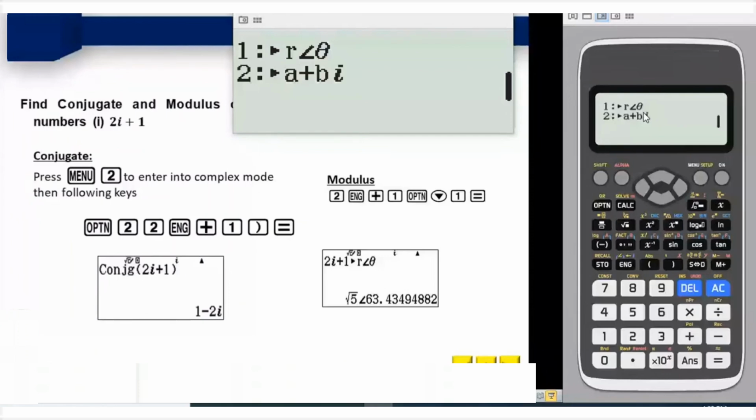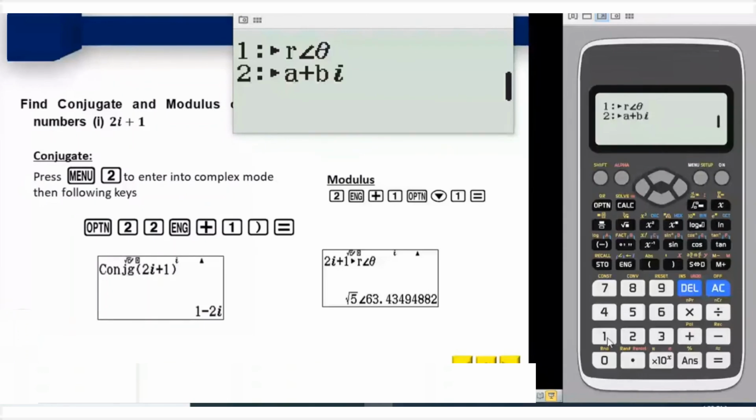I hope you are all following me. Modulus is the length of the complex number and argument is the angle that the complex number makes with the horizontal axis. Whenever you need to find the modulus and the argument, you have to do the same thing: press 1.